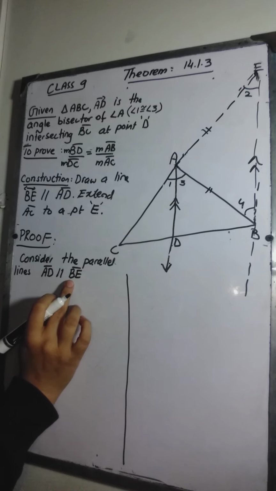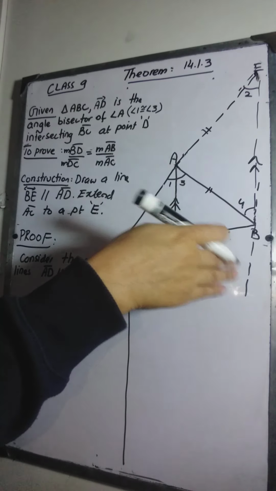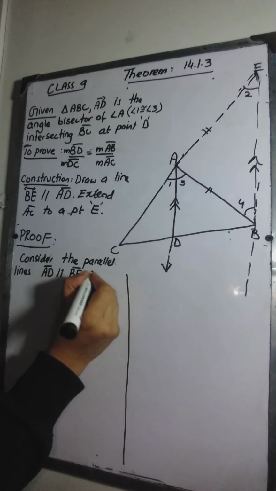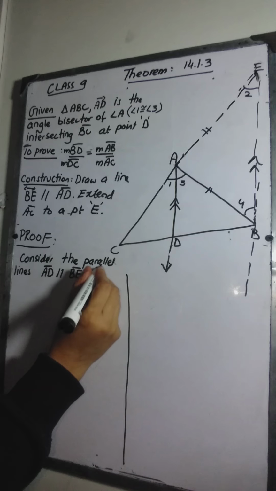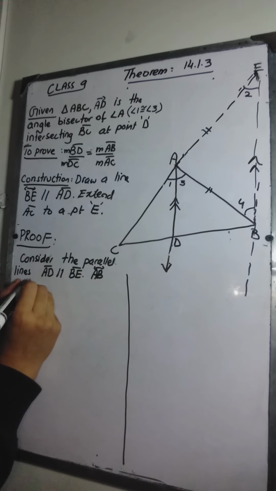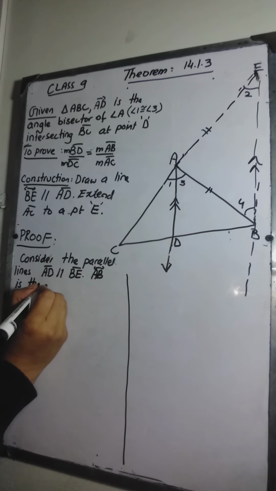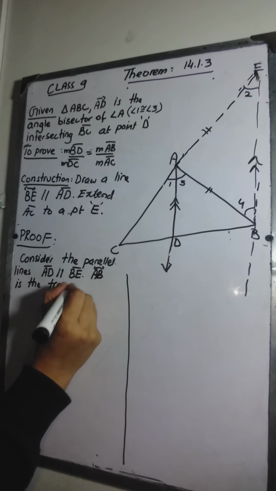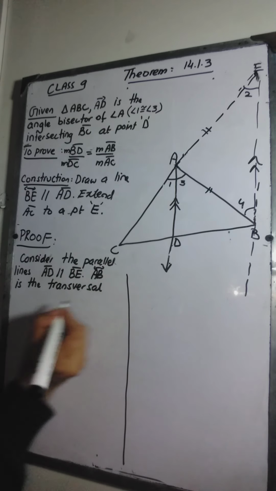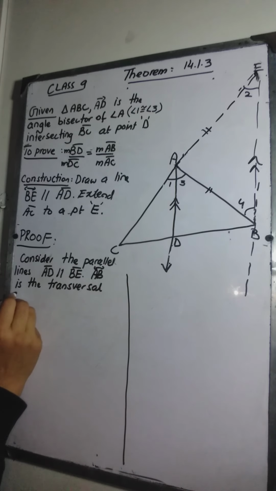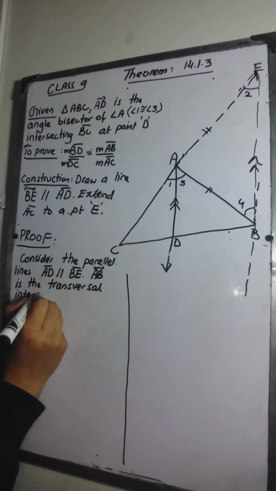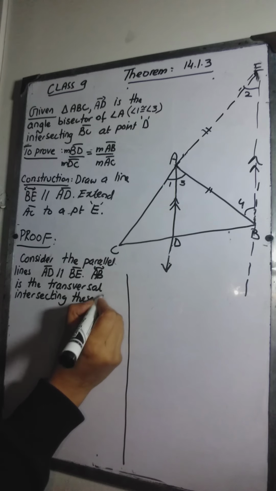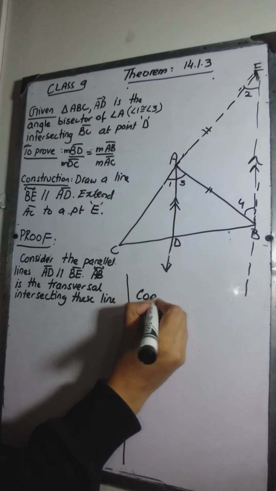Consider these two lines. These are parallel to one another, and AB is another line which is crossing them. AB is the third line which we often call a transversal, intersecting these lines. We did all this in construction.